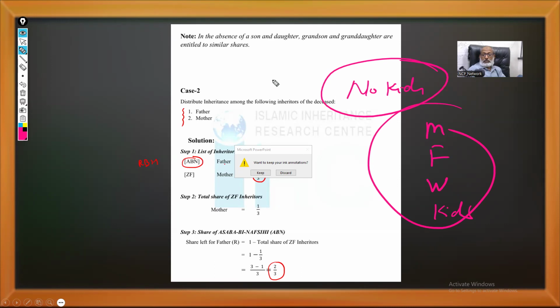But when Surah An-Nisa 4:11 and 4:12 came, at the time of the Battle of Uhud, there was one companion of the Prophet Muhammad, peace be upon him, Saad bin Rabi, may Allah be pleased with him, who got martyred in the Battle of Uhud.